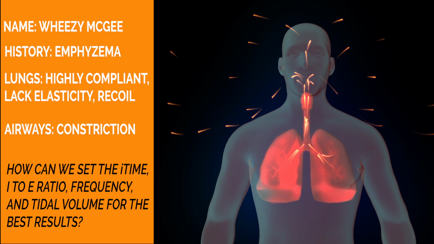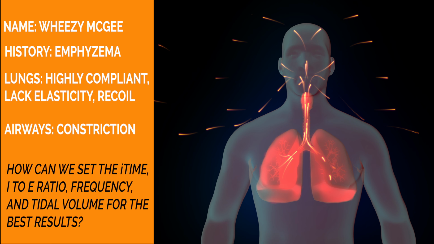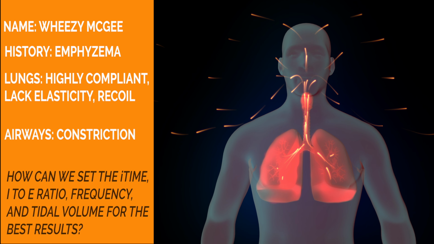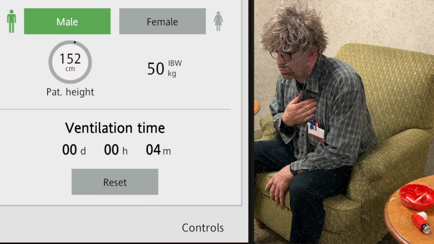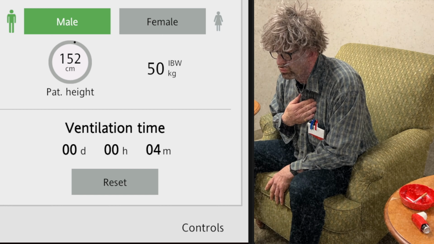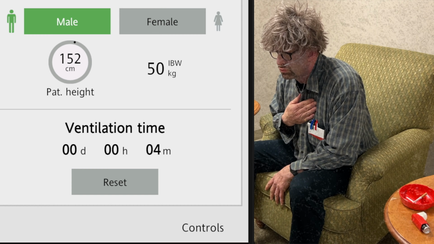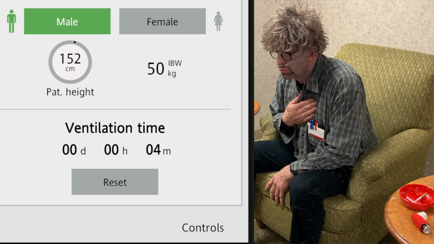How can we set the I time, inspiratory to expiratory ratio, frequency, and tidal volume for best results? First, let's figure out Wheezy's ideal body weight. He's 60 inches tall, yielding an ideal body weight of 50 kilograms.